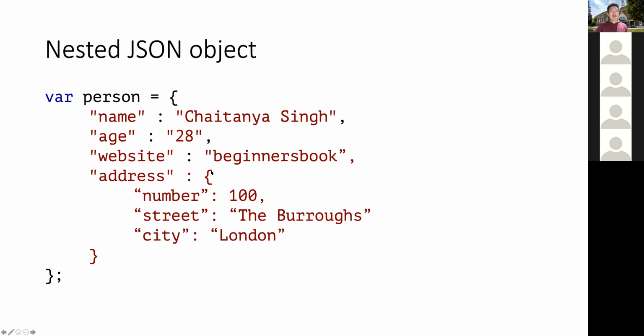But the value itself, instead of say a text or number, can be another JSON object. So in this case, we have a property or key called address. Its value is a JSON object itself, with the key number 10, street, the boroughs, and city, London.